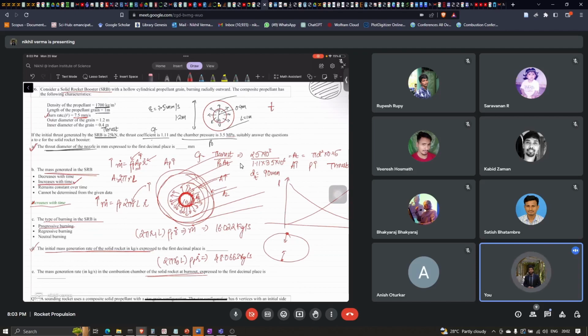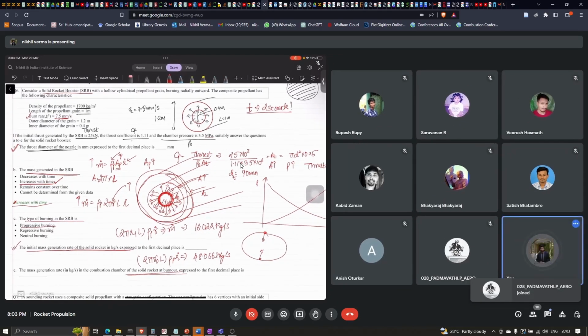Even I can modify this problem, and I can ask what is the mass flow rate at time t equal to, say, 2 seconds. How would you calculate this? If I would ask you what is the mass flow rate at time t equal to 2 seconds, how will you proceed?